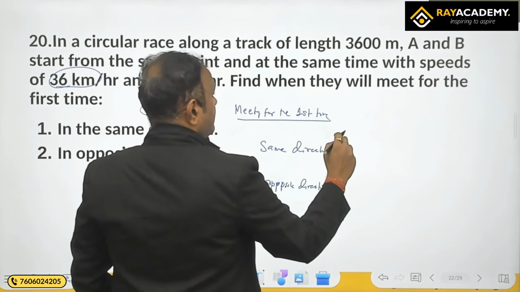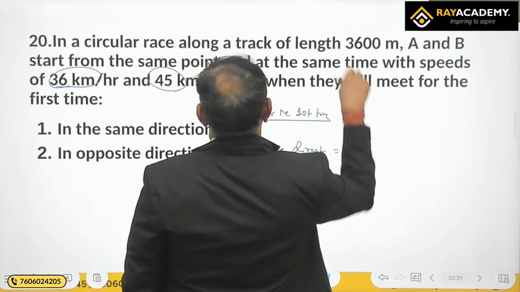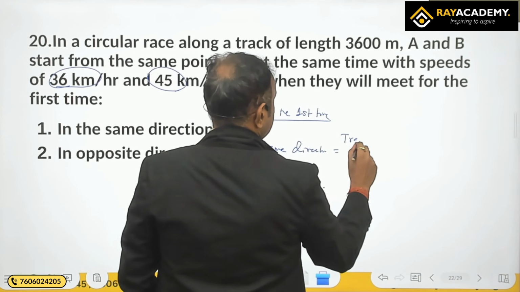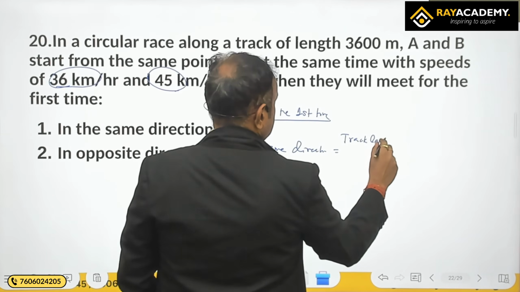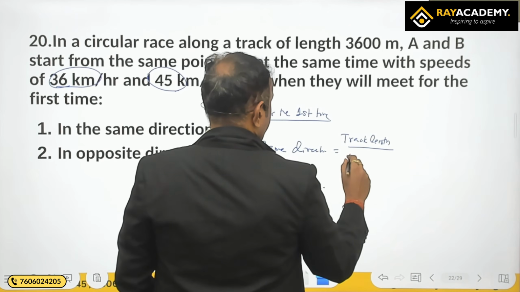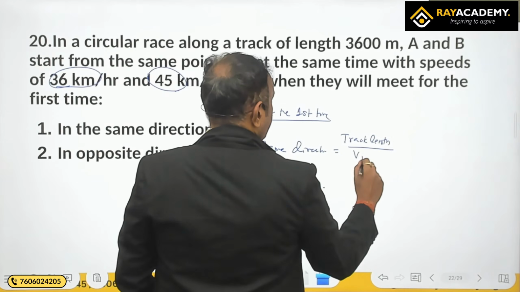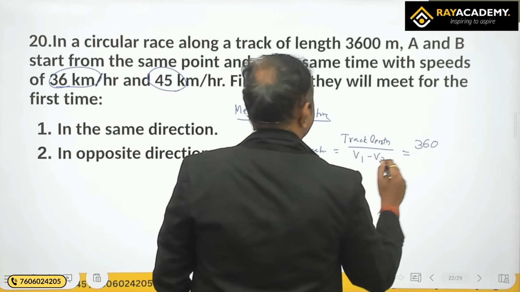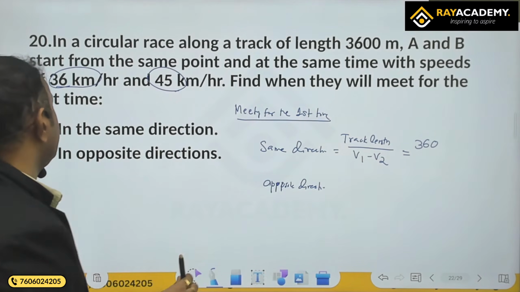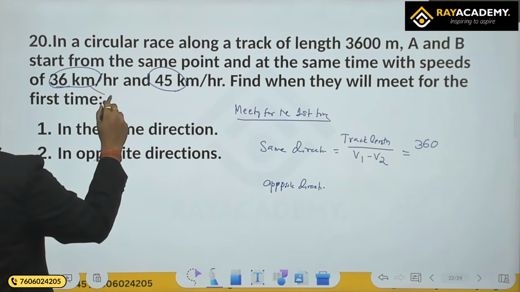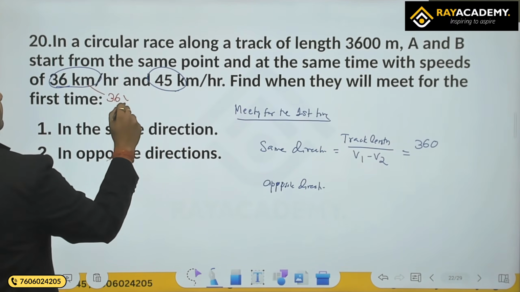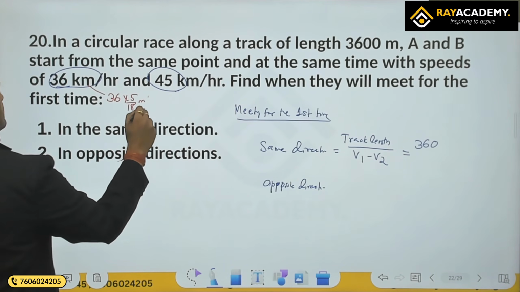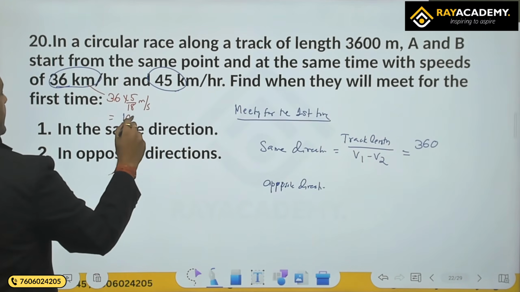For same direction, it is total track length divided by V1 minus V2, meaning the difference of both speeds. So it is 3600. The speeds are given in kilometer per hour, so first convert: 36 into 5 by 18 meter per second, so it is 10 meter per second.